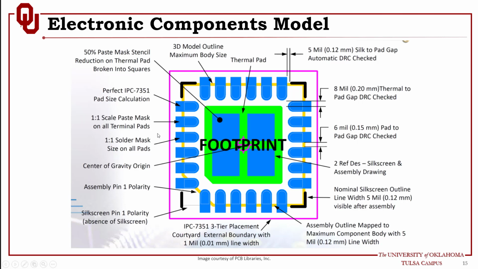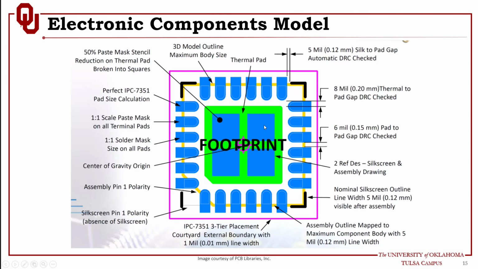The IPC defines the spacing and the nominal silk screen, the courtyard boundaries, thickness, and all different dimensions of the footprint, and these values depend on the footprint itself, the size of the footprint, and the spacing or the pitch of the pads.